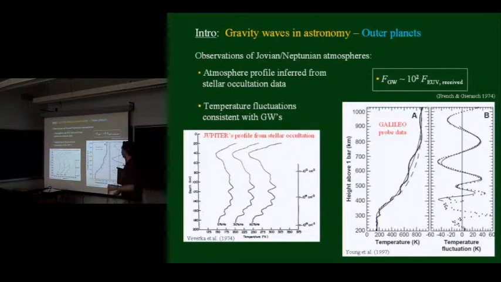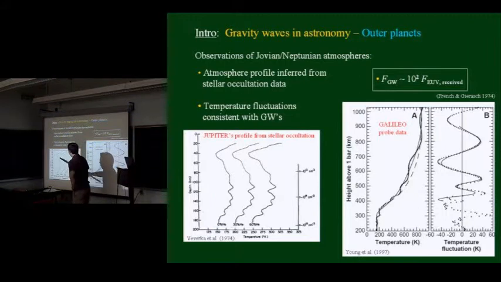In the outer planets, gravity waves have been observed in the atmospheres of Jupiter and Neptune during stellar occultations. So here's a profile of Jupiter's atmosphere, indicating with altitude the temperature fluctuations observed during occultation.